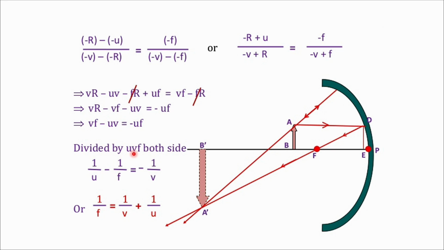Dividing throughout by UVF, you can simplify it as 1 by U minus 1 by F equal to minus 1 by V. Just rearranging this equation, you will get 1 by F equal to 1 by V plus 1 by U. This is our equation. This is how to derive the relationship between F focal length, V image distance and U object distance.